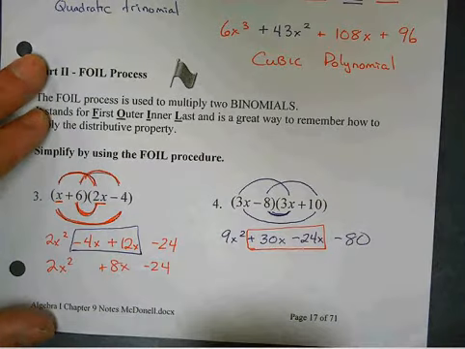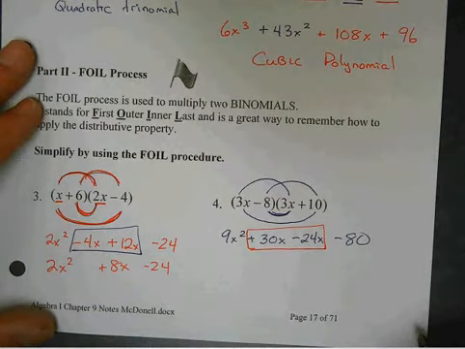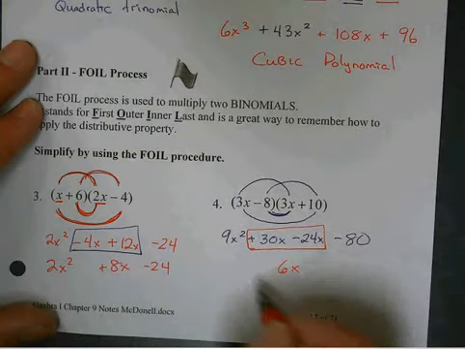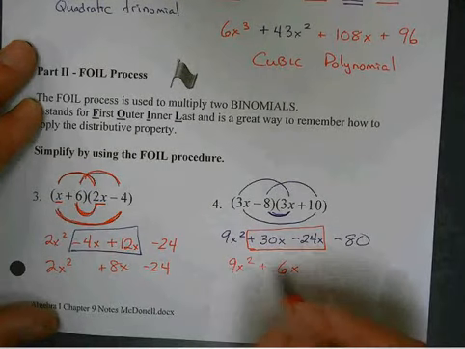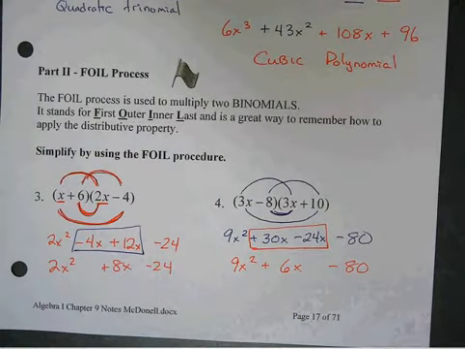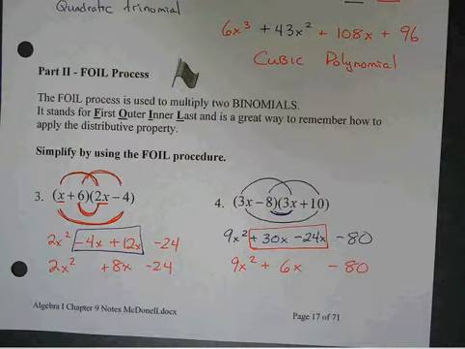Okay, so who can give me my answer all the way out? That's 6x in the middle. So I tack the 9x squared on the front and the minus 80 on the back. And we're done. What kind of trinomial is this? Quadratic. Most of them are going to end up being quadratics.